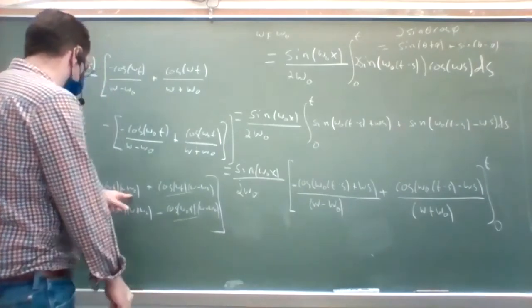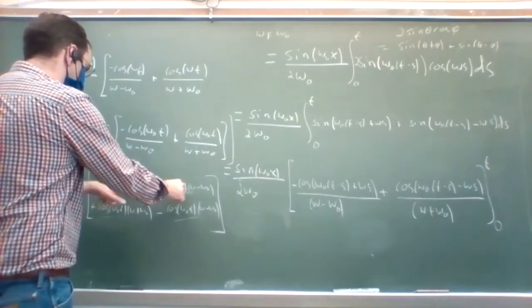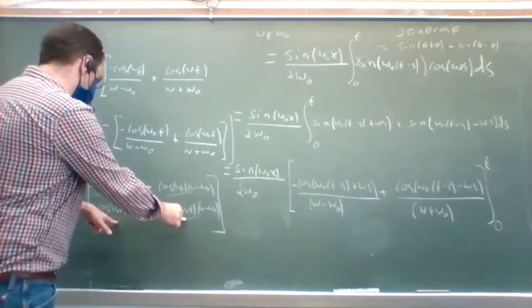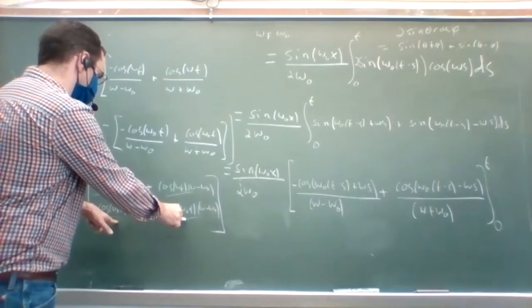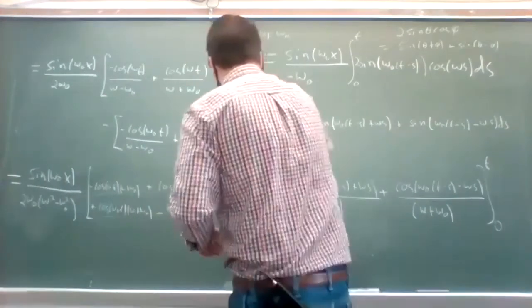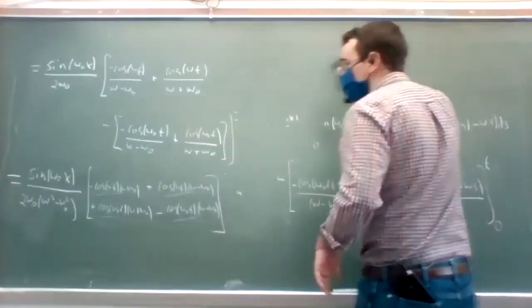I have minus 2 cosine omega t times omega naught. I have plus 2 cosine omega naught t times omega naught. So that's actually amazing that that worked out.